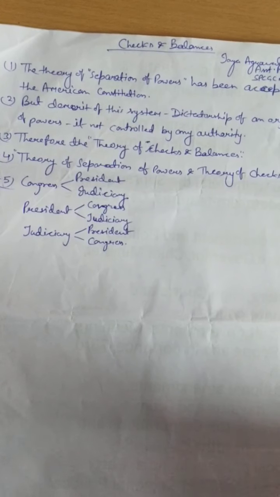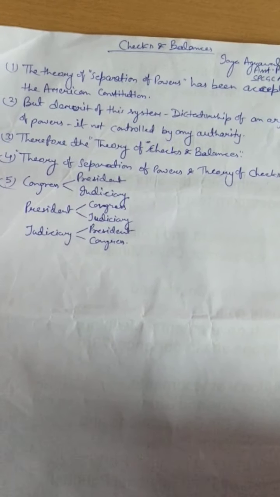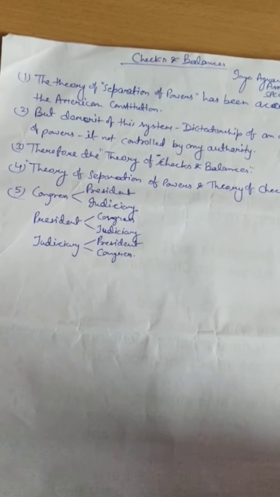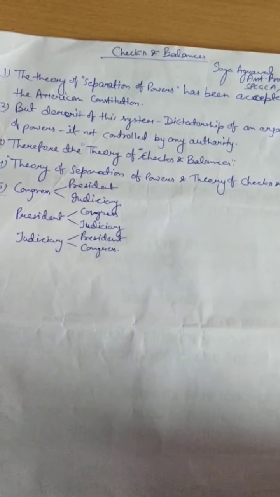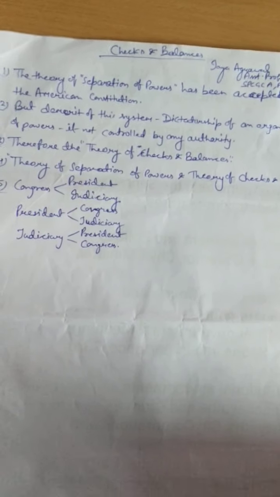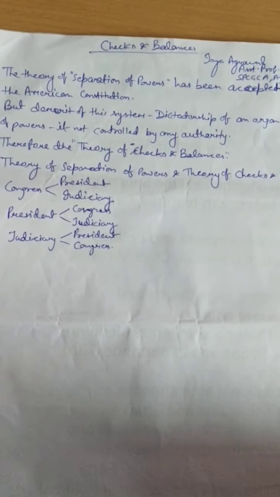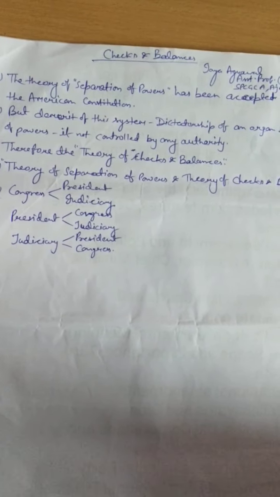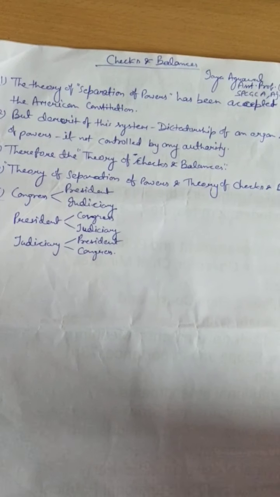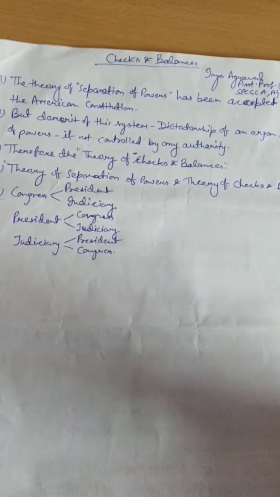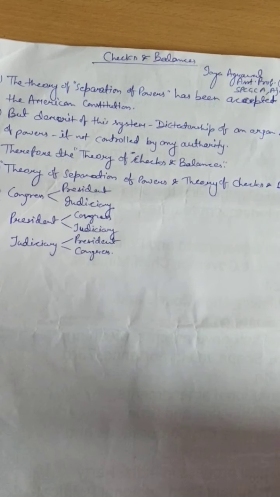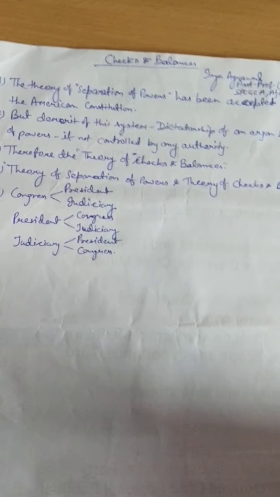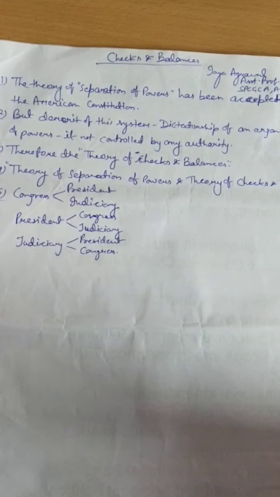The theory of separation of powers is the main basis of the American Constitution, as the constitution makers were much inspired by John Locke, a great thinker whose prominent aim was the liberty of a person, and to protect that freedom he supported all those means which would protect the liberty of a person. Later on, Montesquieu propounded the theory of separation of powers.